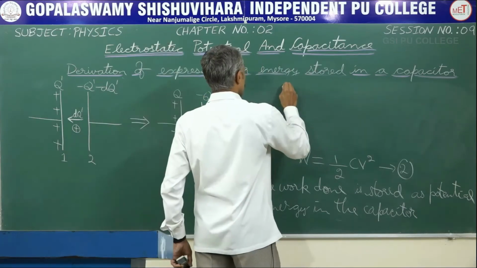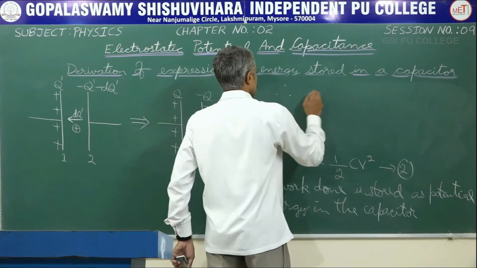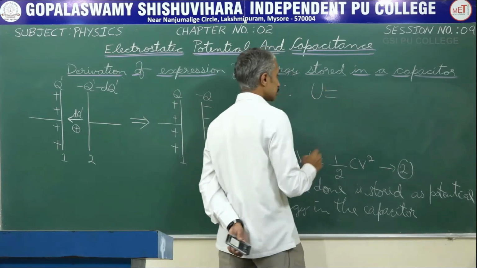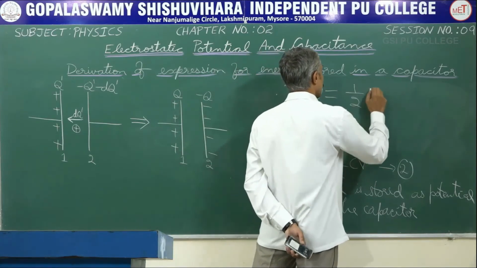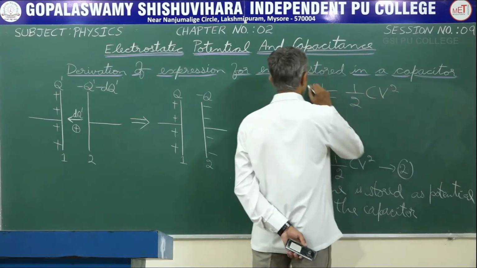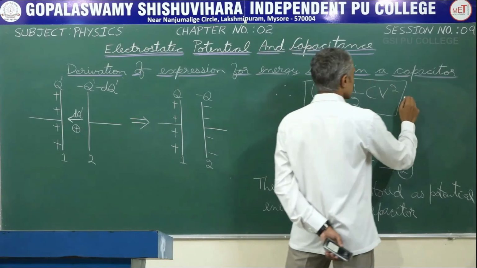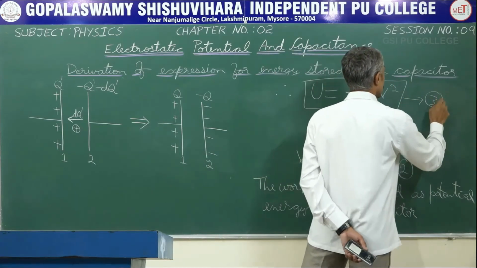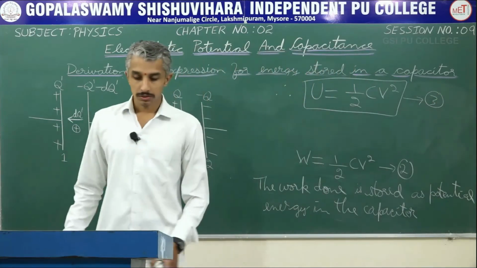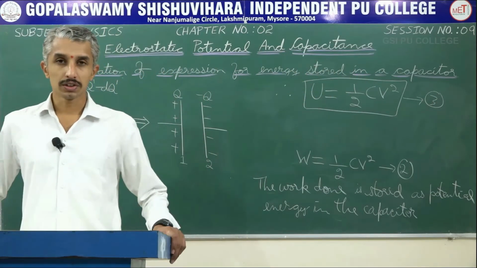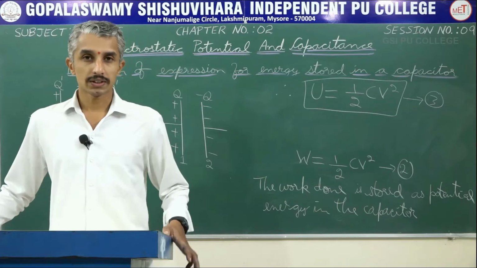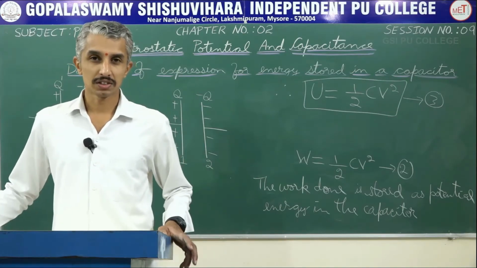So therefore, potential energy, take it as U is equal to half CV square. So equation 3 gives us the energy stored in a capacitor.